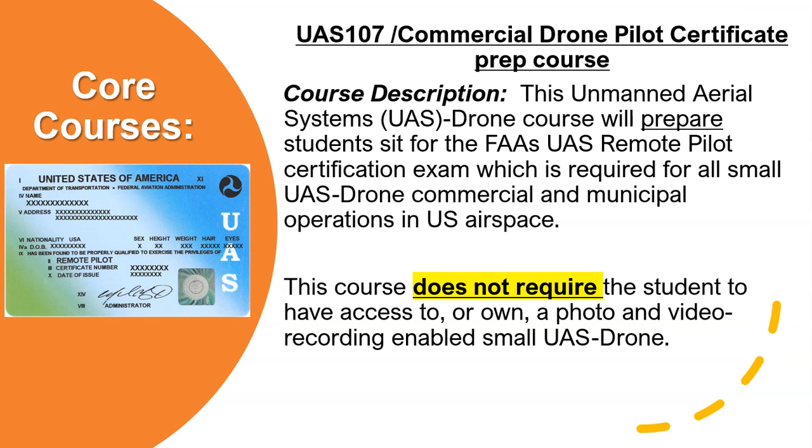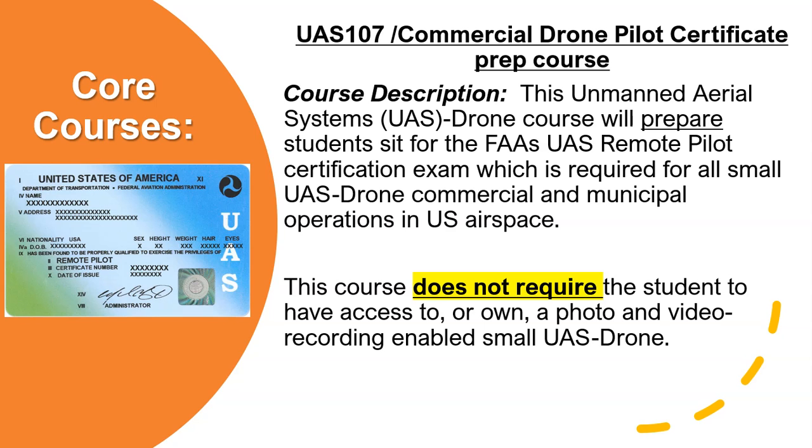The S is for small. This is any UAS drone weighing less than 55 pounds. Generally speaking, the drones most students will have access to fall into this category. However, public safety and public service sectors do operate drones above 55 pounds.